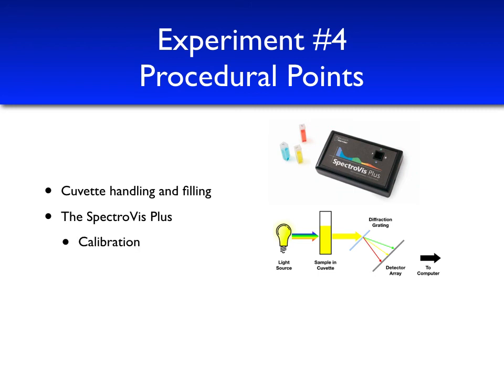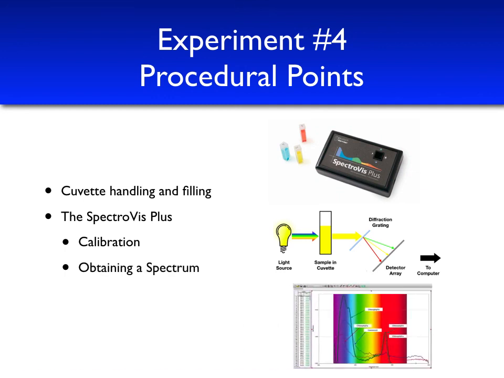The Spectra Vis Plus does need to be calibrated, which is something we didn't see very much in other pieces of equipment that we've used. To calibrate the Spectra Vis Plus, we need to put in what we call a blank cuvette, which usually contains the solvent that the solutions are made of. For this experiment, we'll be using distilled water as our blank. Obtaining the spectrum is pretty easy.